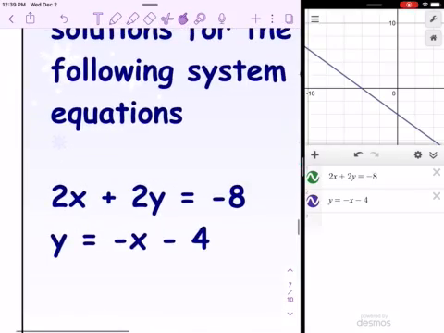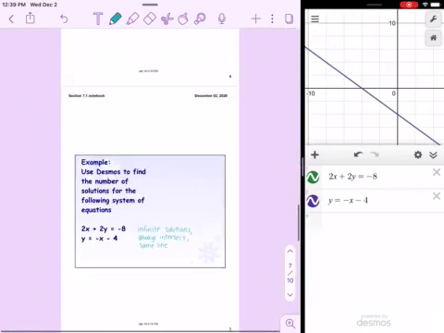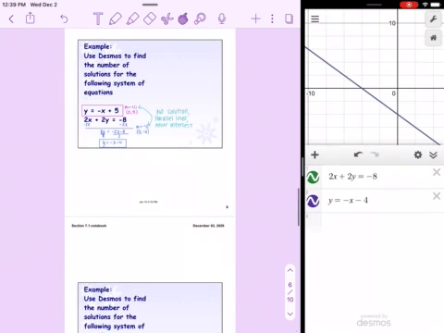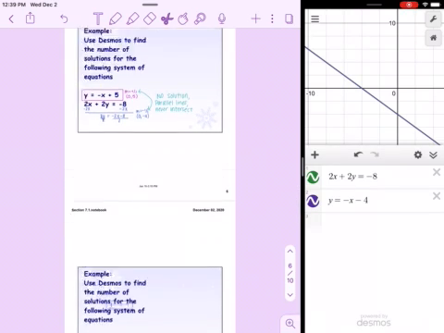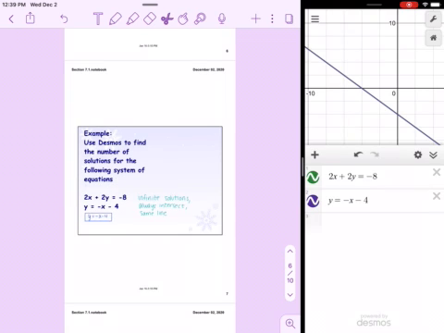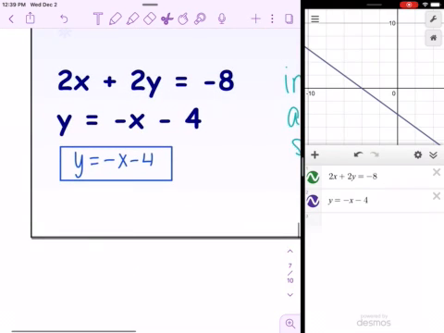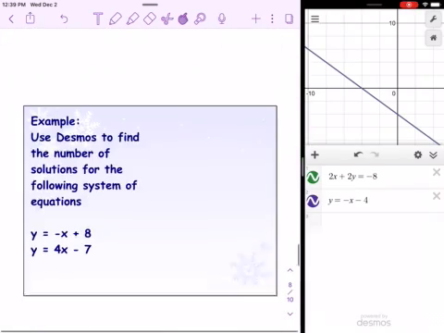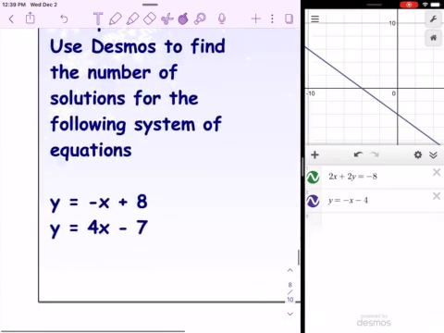If you wanted to prove that, you could isolate the y in that first equation, which we actually already did up here. So if I grab that, this is what we got from isolating the y. And if you look, they're the exact same equation, okay? You have the same slope and the same starting point, which makes them the same line, which means you'll have infinite solutions.